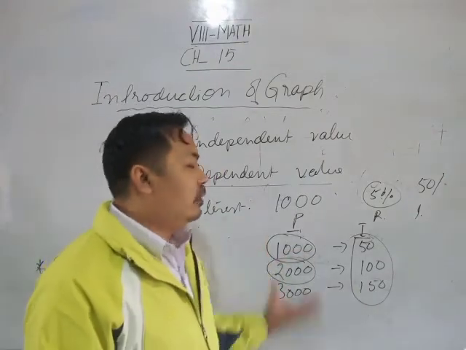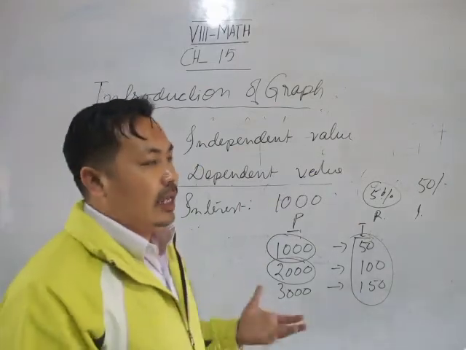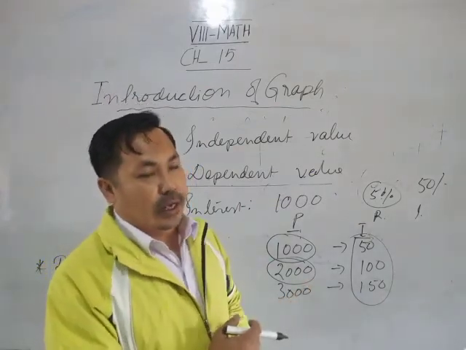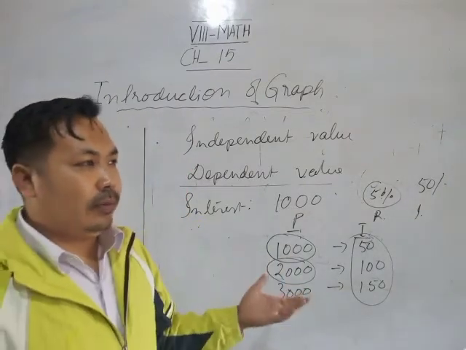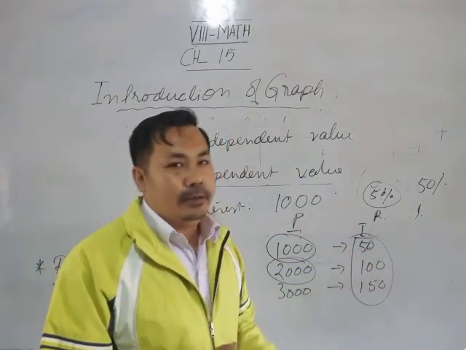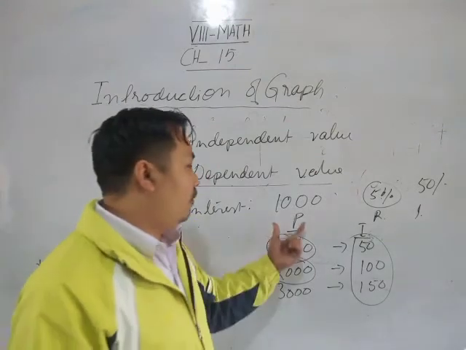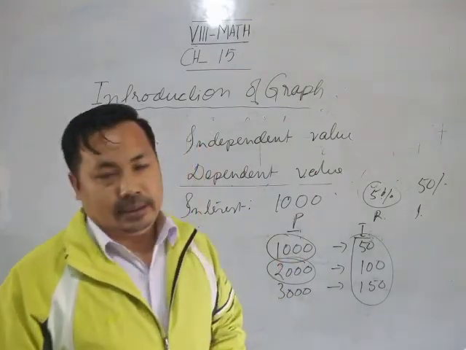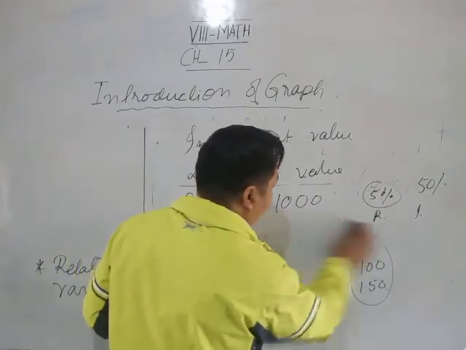Okay, and the value of the principal is called independent value. Means how much you wish to take as the loan, isn't it? One for 1000 or for 2000. But according to this, the value of interest is fixed. So the value of interest is called dependent value, and the value of the principal is called independent. Right? Yes.